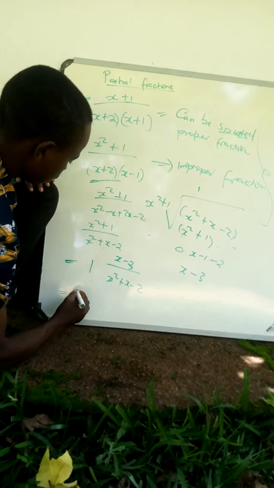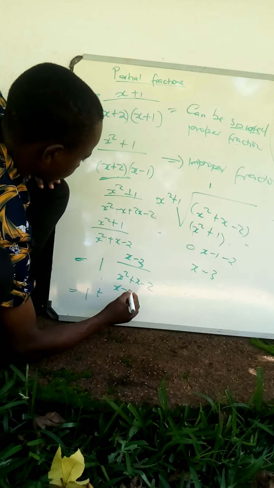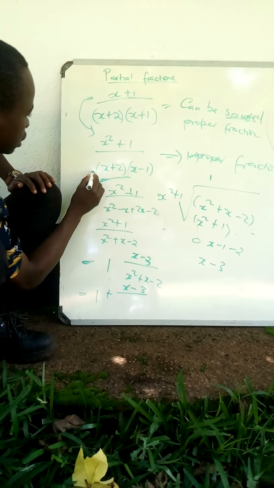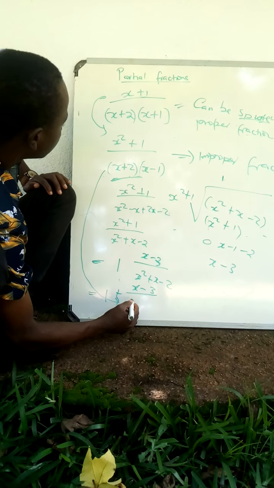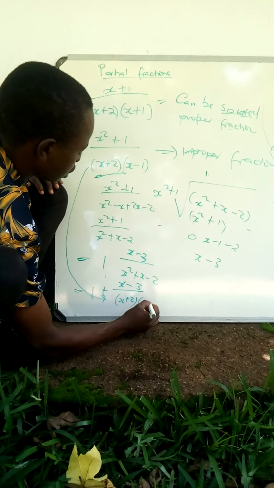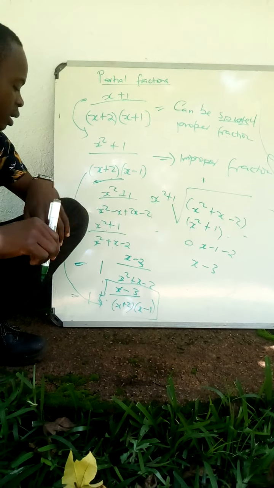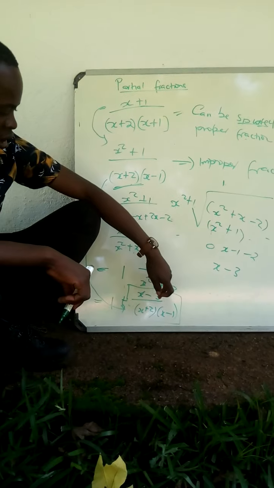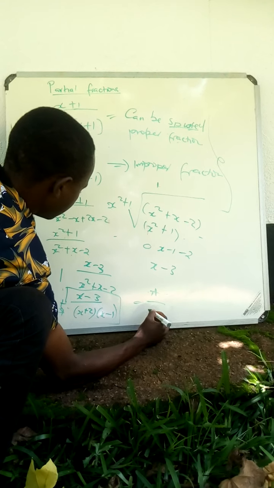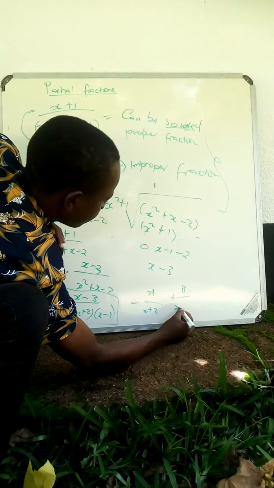So it's going to be 1 plus (x minus 3) over, now you factorize, (x plus 2)(x minus 1). So you can now partialize this using your linear formula, which equals A over x plus 2 plus B over x minus 1.